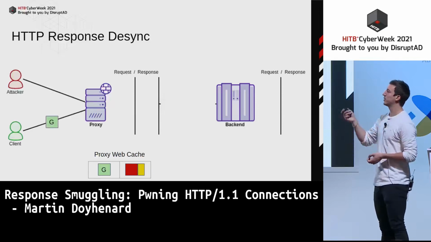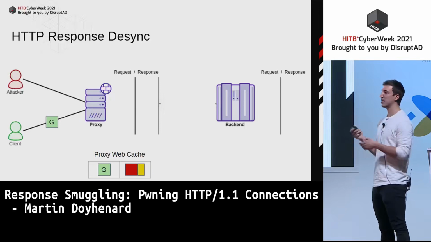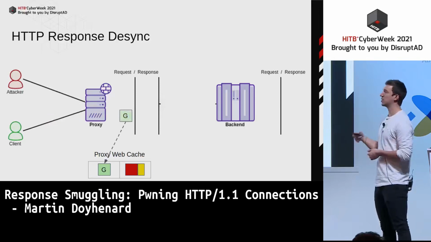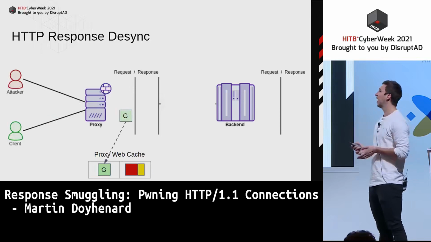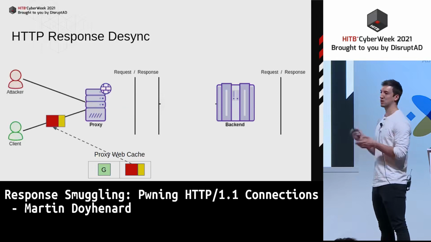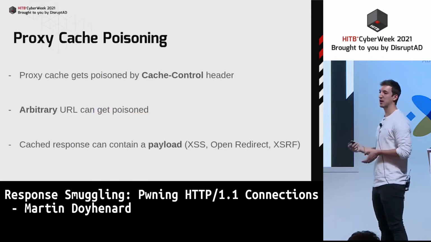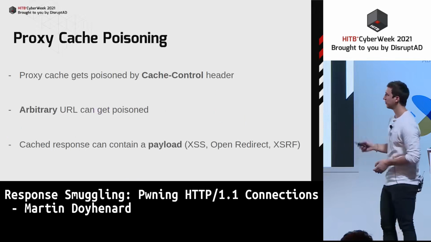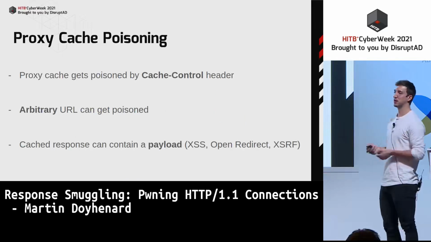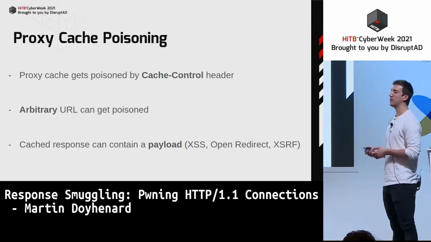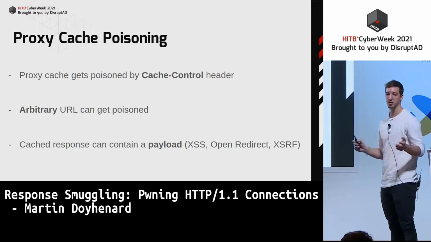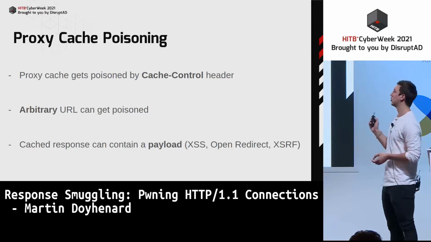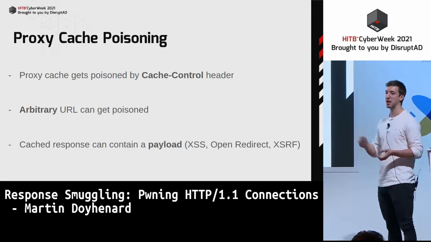Now, when the client sends a new request containing the same URL, the proxy, instead of forwarding this to the backend, will look in its cache for the response that was stored. So the client will receive this payload anytime the request is issued. So we are able to poison the web cache of any proxy, and of any URL that we arbitrarily choose. And also, as I said, the response can contain any payload we want.